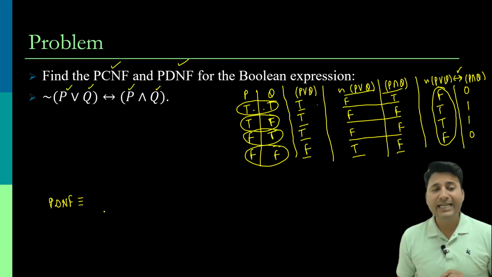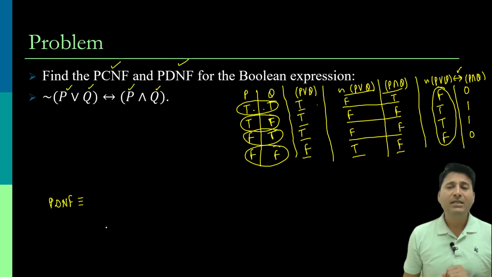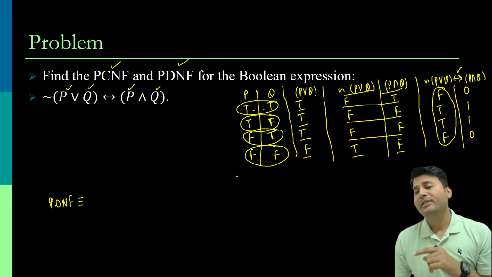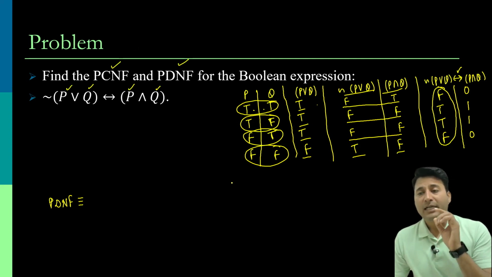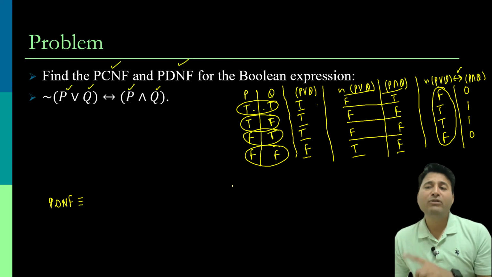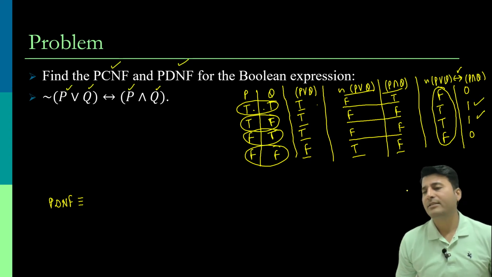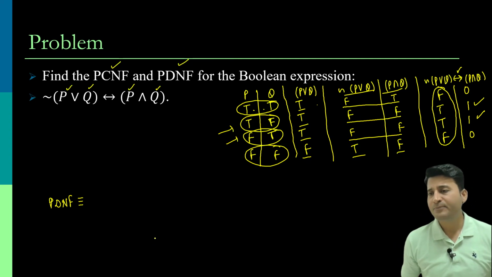When writing principal DNF from the truth table, we focus on the final column, on the inputs whose truth value is 1 or T. So we do have two ones, and these two ones come on the basis of these two inputs.